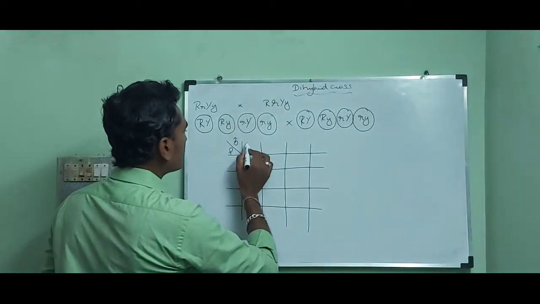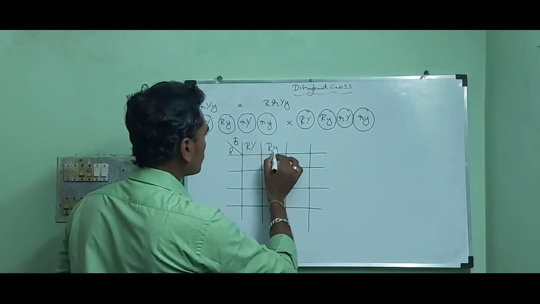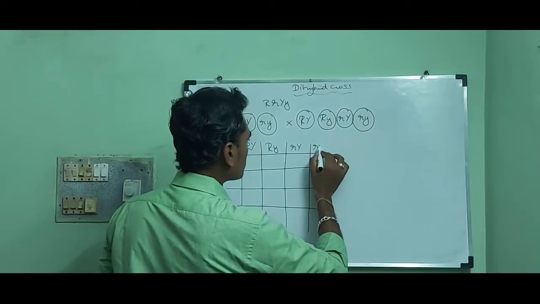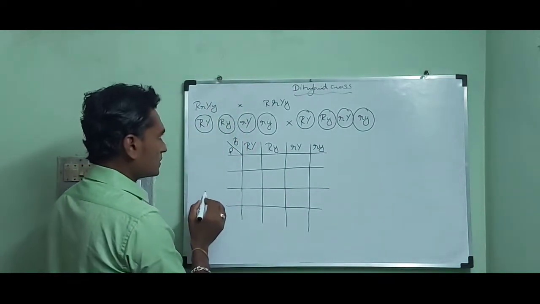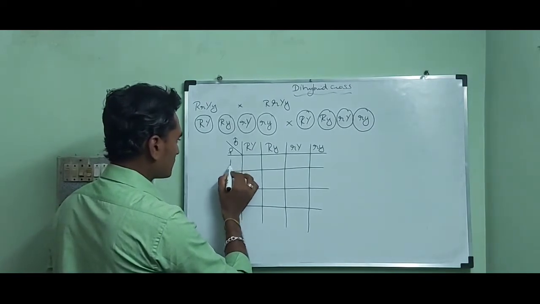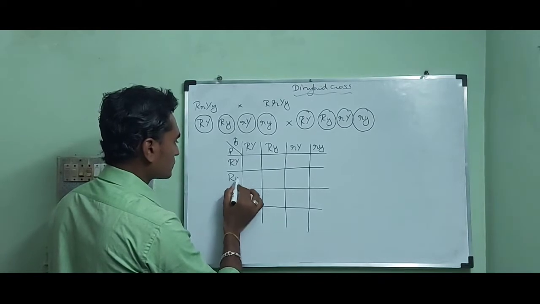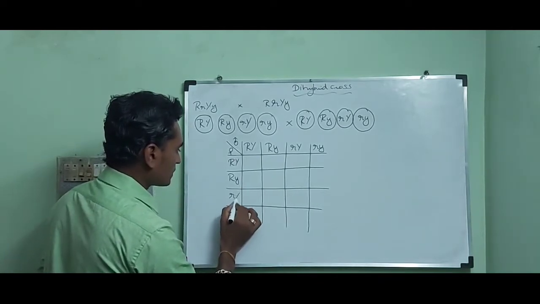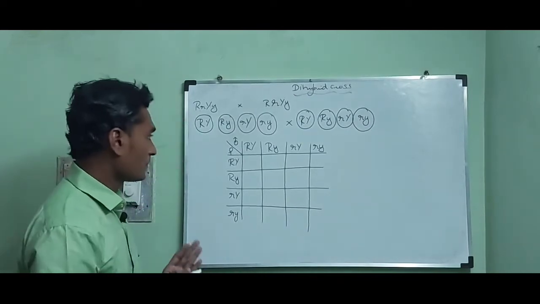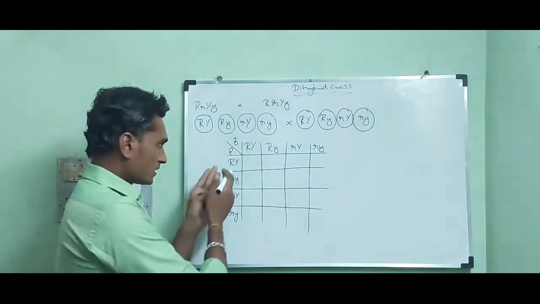So capital R, capital Y, capital R, small y, small r, capital Y, small r, small y. Likewise in the female gametes also, capital R, capital Y, capital R, small y, small r, capital Y, small r, small y.